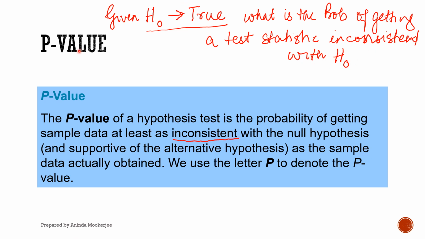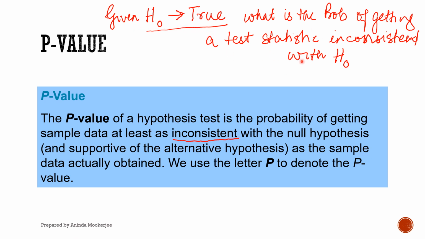So in the p-value approach, we start with our test statistic and try to find the probability of getting that particular test statistic given the null hypothesis is true.